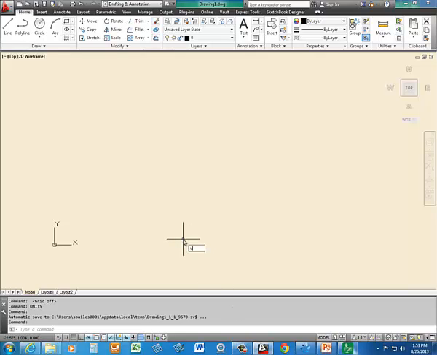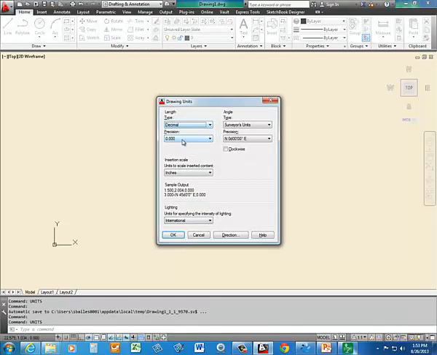So under your units command, you'll set it up as decimal and surveyor's units so that you have at least the whole number for seconds showing, and then 3 places would probably be good for your decimal measurement.